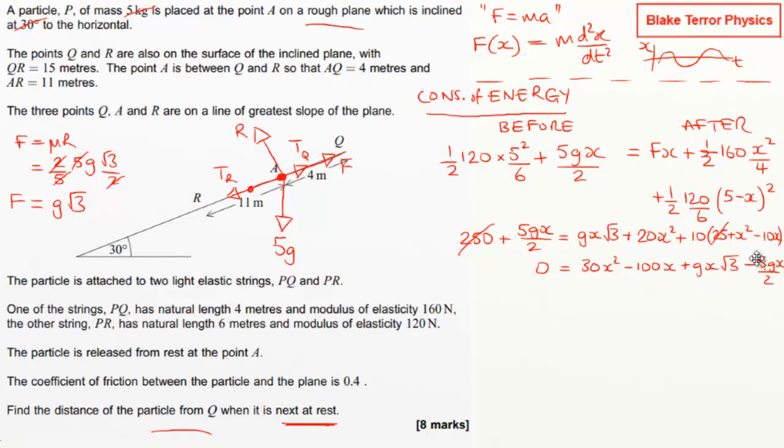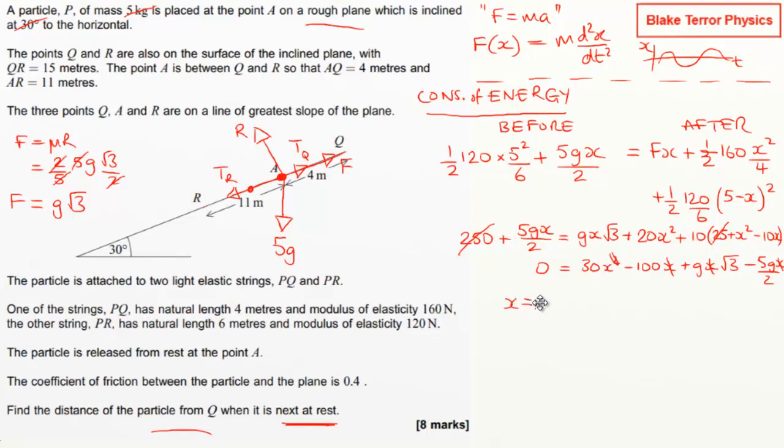We can see we've got a factor of x in every term, and that fits with it being at rest when x was 0. That's our starting point. So we're not losing anything by dividing by x because we're not interested in that solution. So let's go through dividing out one lot of x all the way through everything. And now we just need to solve for the x that's left.